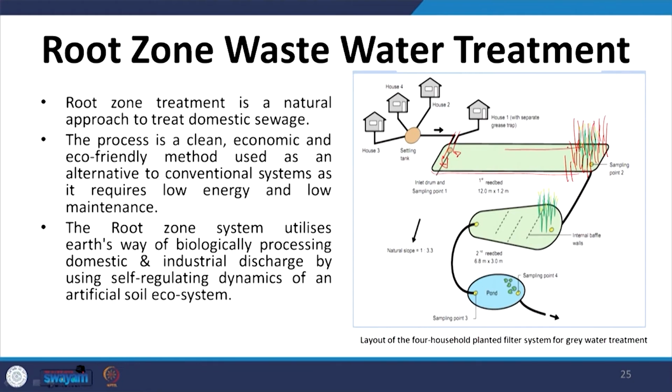Once it passes through the first level of treatment, the clarified water is then taken into the second pond. In the second pond there are baffle walls, so water is allowed to pass in a particular manner, so that it takes time and moves at a very slow rate. In between there are different plants which are planted.